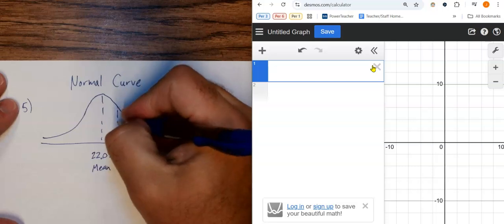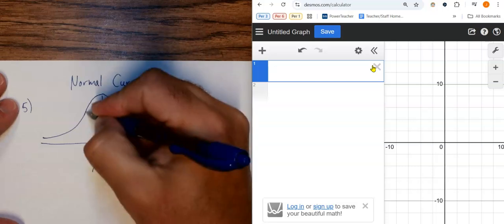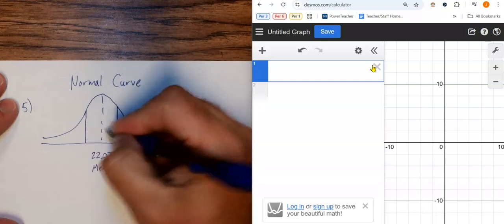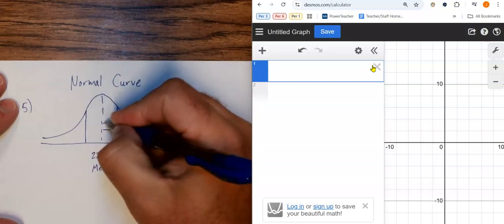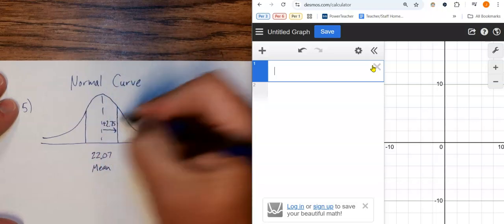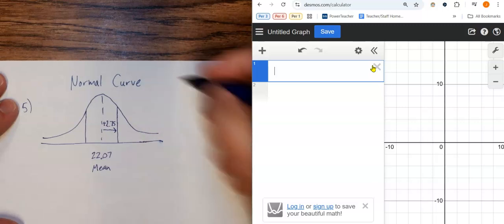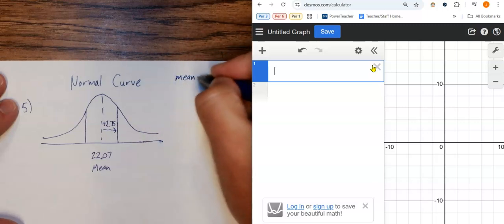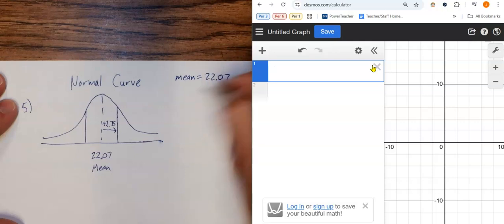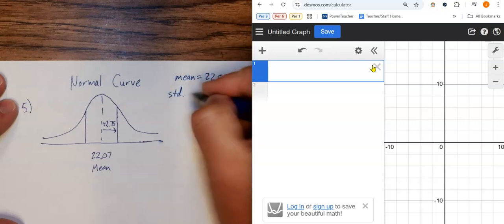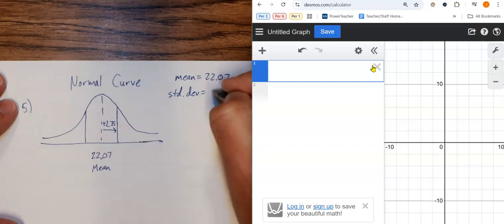If I go 1 standard deviation up and 1 standard deviation down, you would have to add $2.75, since that's the standard deviation. They told me at the beginning that the mean was 22.07 and that the standard deviation was 2.75.